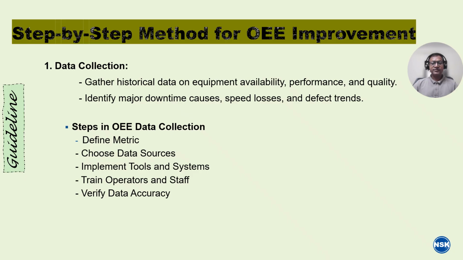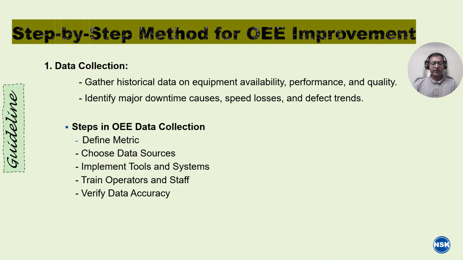Hence, the most critical production processes or bottleneck operations should be chosen to work upon, so as to get higher benefits with optimal use of resources rather than consuming resources on lower-priority work. First step: data collection. Gather historical data on equipment availability, performance, and quality. Identify major downtime causes, speed losses, and defect trends.